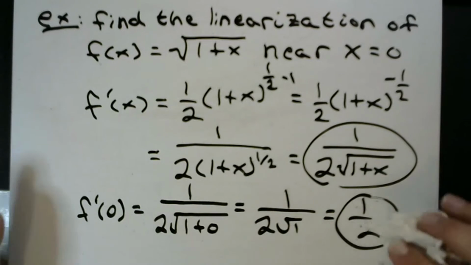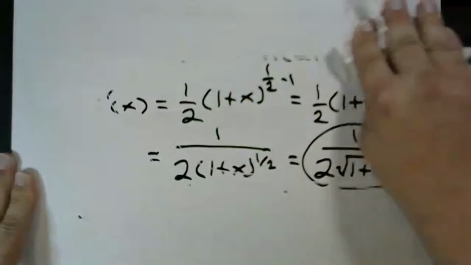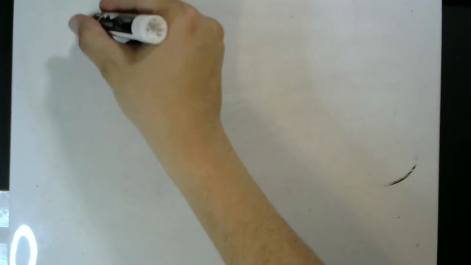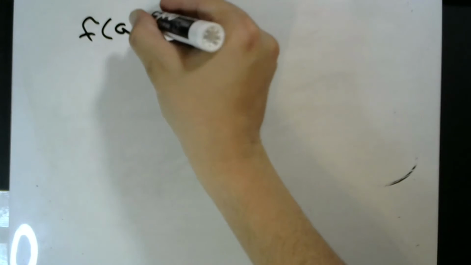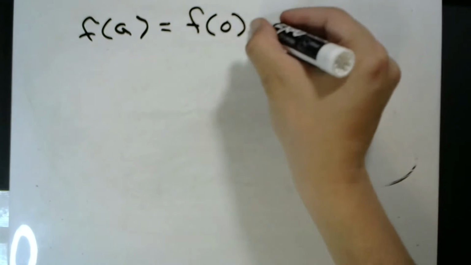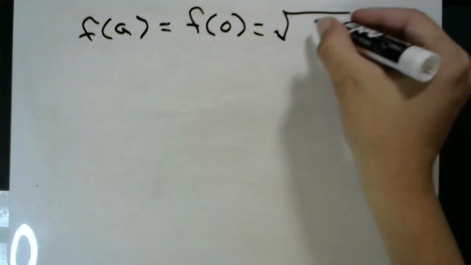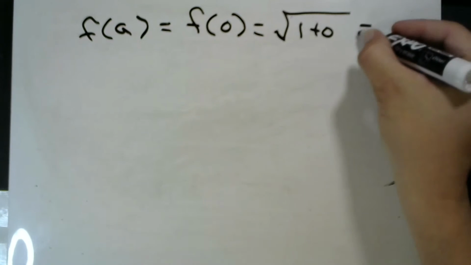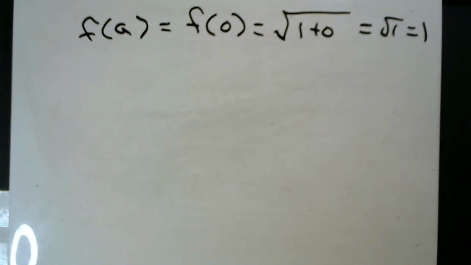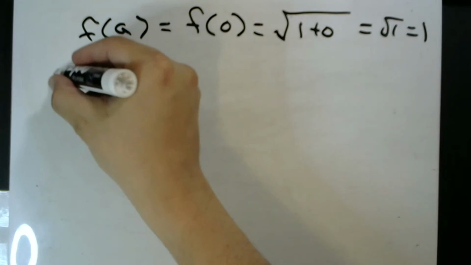Now we still need an f of a. So f of a will be f of 0, or the square root of 1 plus 0, or square root of 1, or 1. So now we can put this all together.